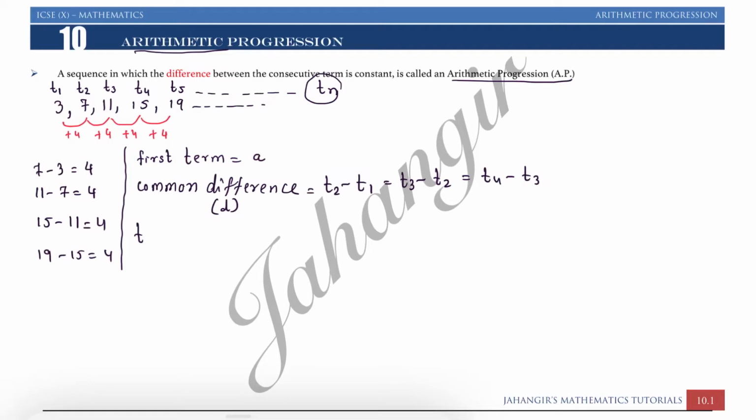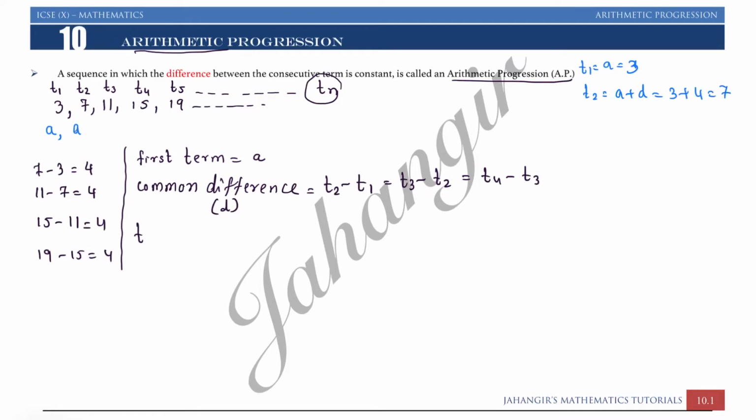So first let us consider the first term as A. Now 7 is what? The first term is A, that is 3. T1 is equal to A. T2 is equal to A plus D, meaning we are adding the common difference to 3, for that you will get 7.